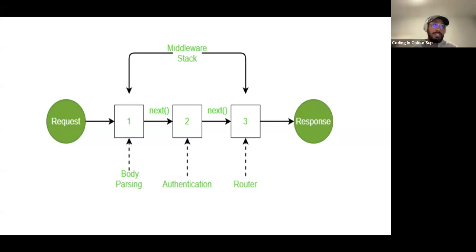If it's a success, it gets sent to maybe a dashboard. If it's a fail, it shows fail on your website. So middleware, as you can see from here, the middleware stack, is the whole process of what's going on in the middle of a request and a response. So whatever is happening in the middle of a request and response cycle is essentially middleware, a very vague way of saying it.